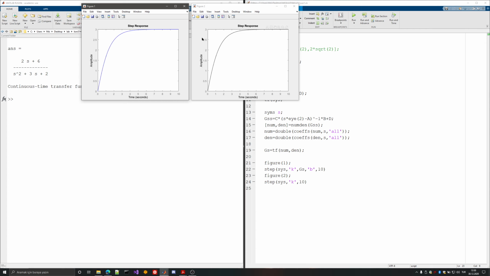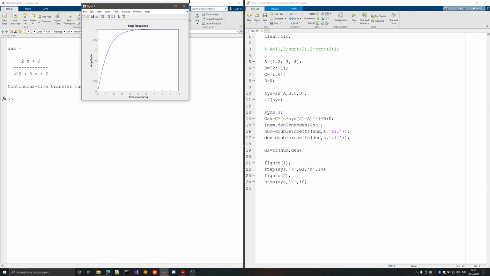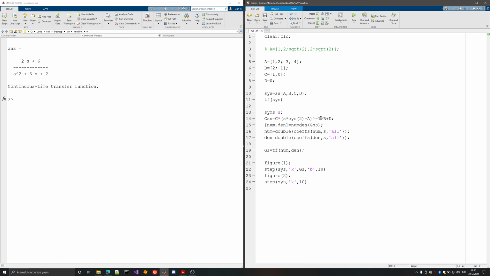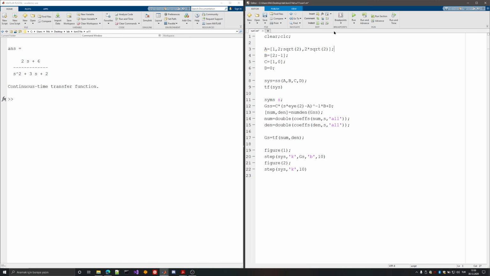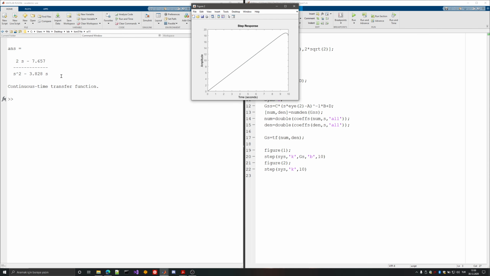The only problem here is with deficient systems, and the reason there is that you have to take an inverse. If this inverse isn't available, then there's a problem, and MATLAB experiences that problem. It might be the case if you have a deficient system that you get a problematic view.